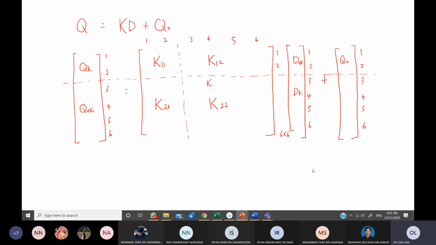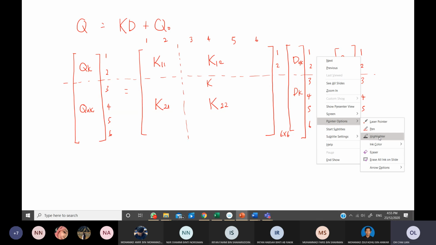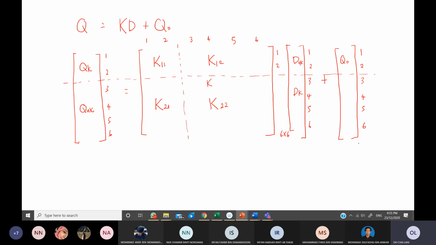So now we can solve the unknown displacement. After you arrange your stiffness relations, your first aim is to solve the unknown displacement.